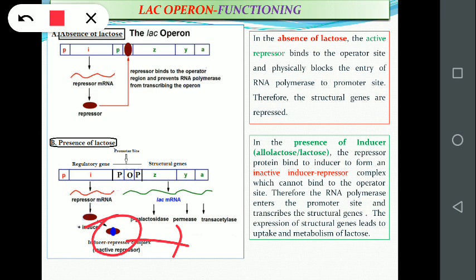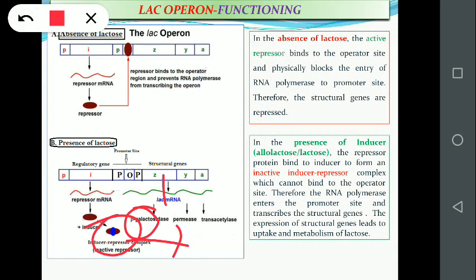The Z region is separately translated by one translation machinery that contains ribosomes, tRNA molecules, and initiation, elongation, and termination molecules. The Z portion will produce beta galactosidase, the Y portion will produce permease, and the A portion will produce transacetylase.